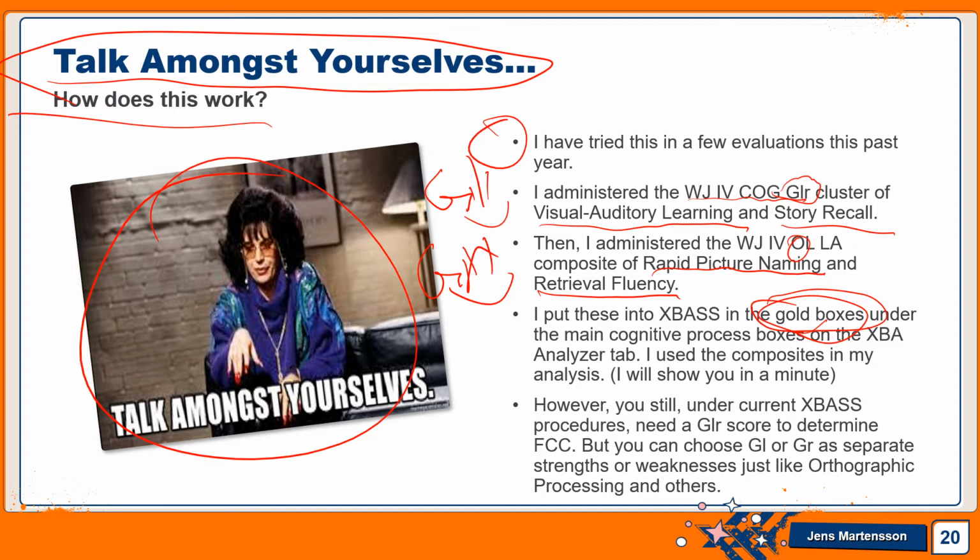However, under the current XBASS procedure, you still need a GLR composite to get your FCC, okay? But you can choose GL or GR as a separate strength or weakness, just like orthographic processing or others. So you have to get a GLR score, because that determines whether you have an overall average ability, okay?